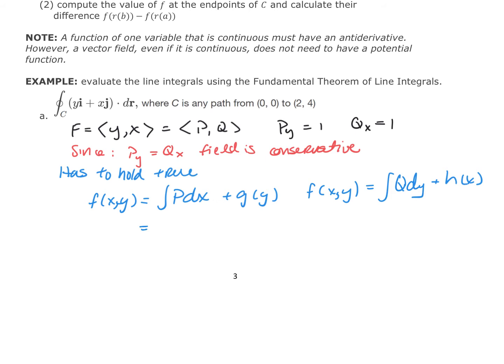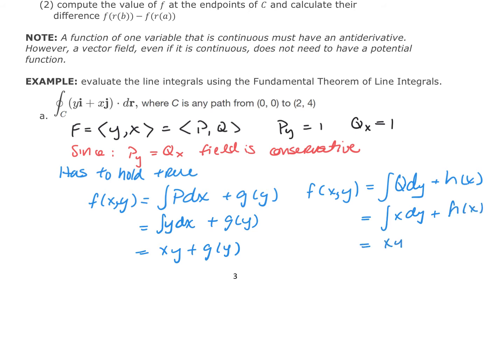First one, we're going to have the integration of p, which happens to be y dx, plus some function of y. So this is going to be xy plus some function of y. Then we're going to do this one, the integration of x dy plus some function of x.